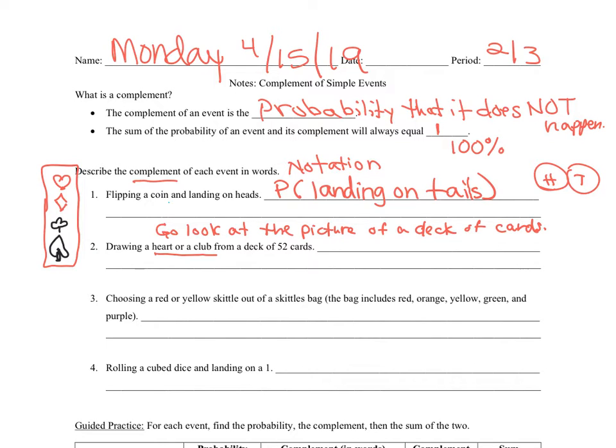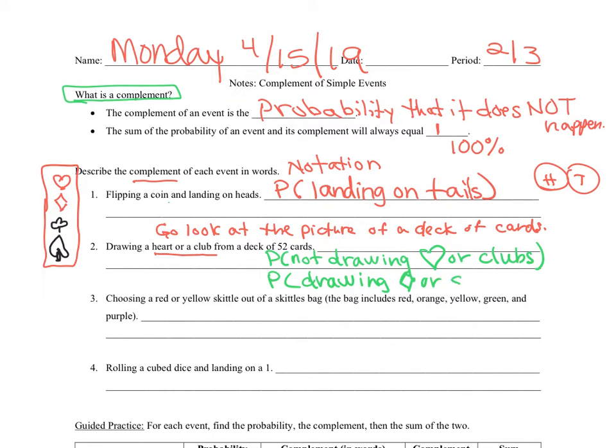So now I'm going to pick a different color so we don't get confused. Okay, so the question is, drawing a heart or a club from a deck of 52. We are doing the complement, so it's the probability of not drawing hearts or clubs, or the probability of drawing diamonds or spades.